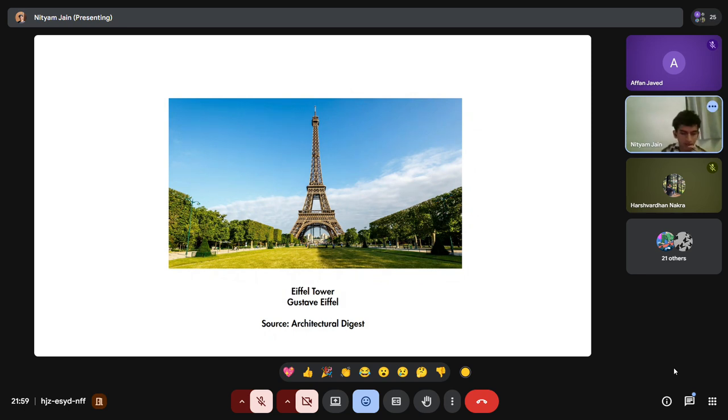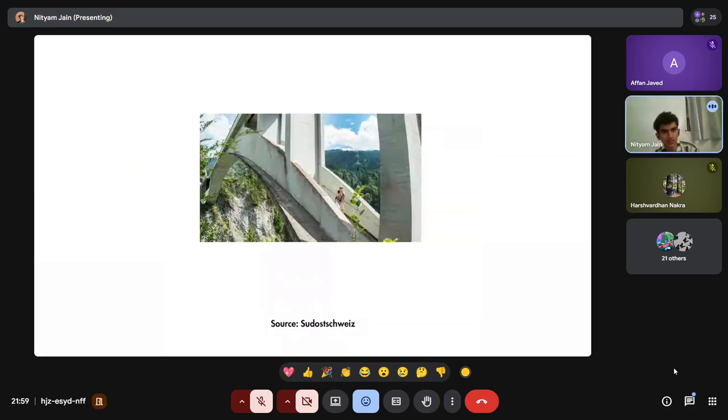If we look for a common link between these structures, the form of the structural system could have been anything: here we see triangulated trusses, but here we see solid monolithic concrete which has been made into a long spanning bridge.